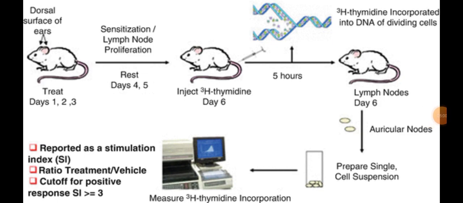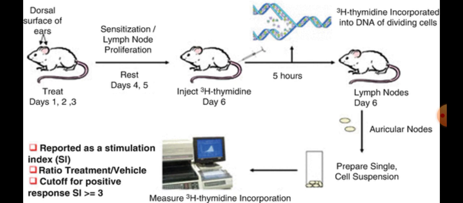Test guideline 442A, that is skin sensitization local lymph node assay DA, is a non-radioactive modification to the local lymph node assay method that is based on the measurement of ATP content by bioluminescence, which is an indicator of proliferation.